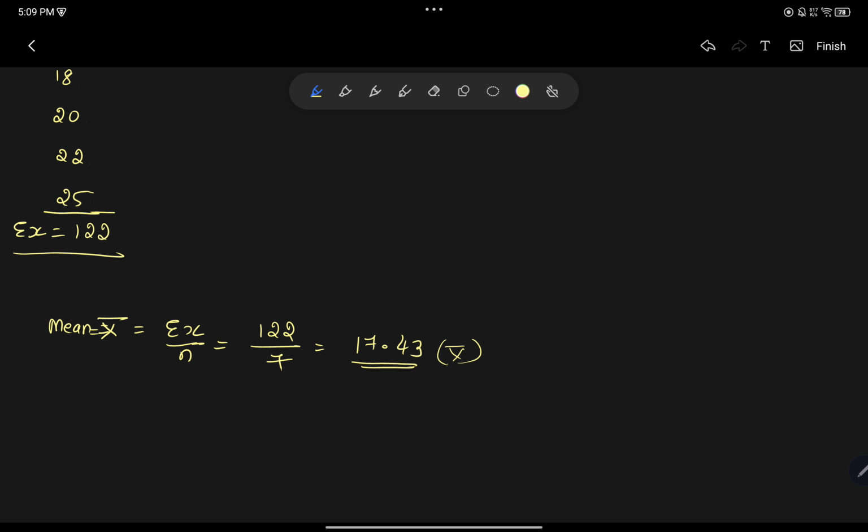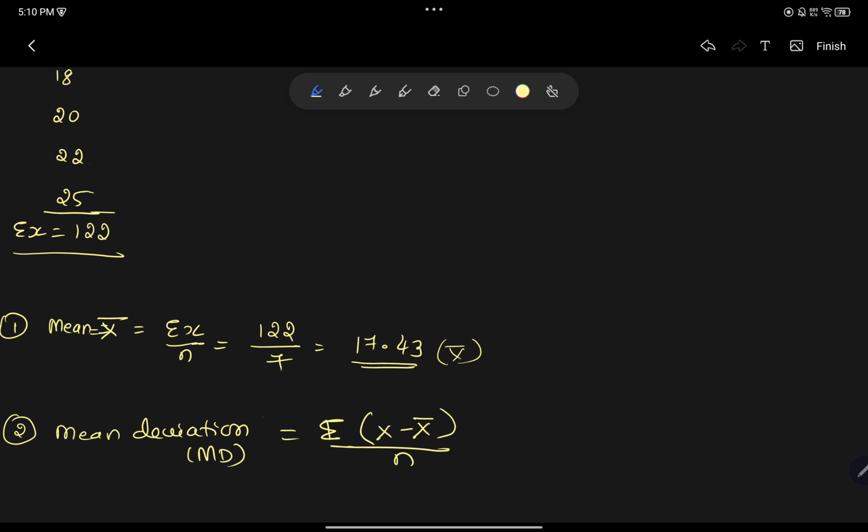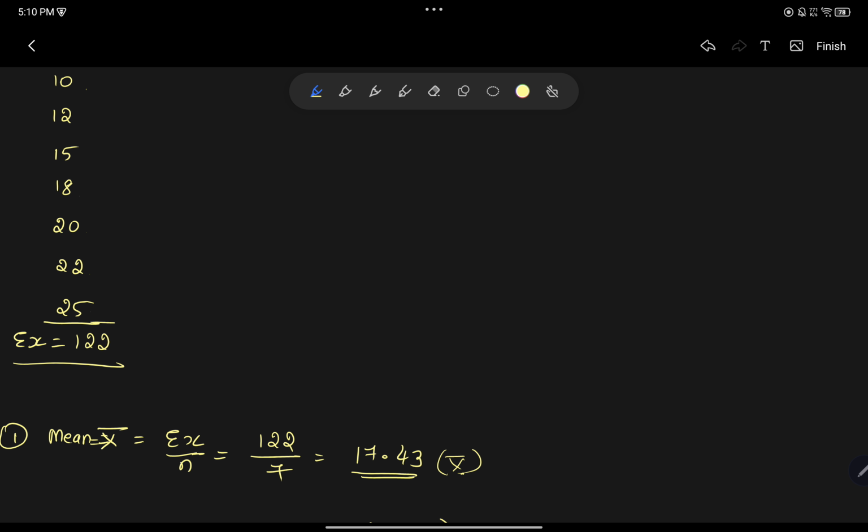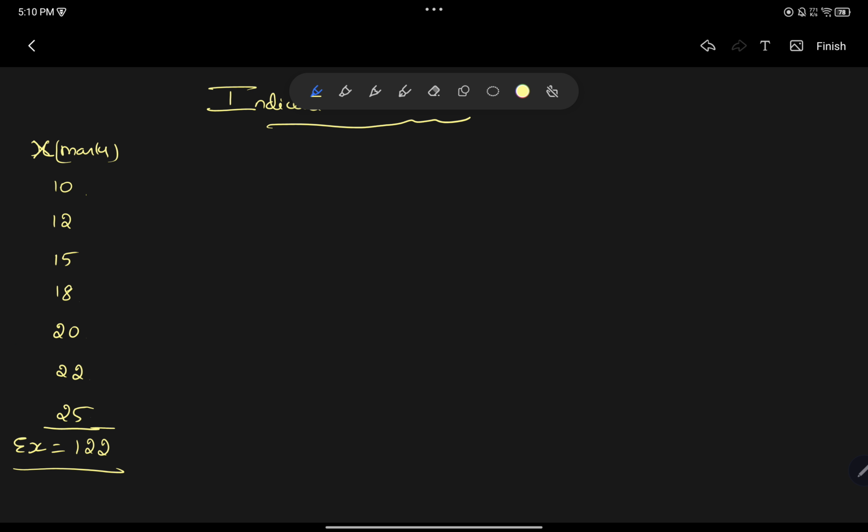First we calculated the mean, now the second one is mean deviation. Mean deviation, denoted MD, is equal to summation of modulus x minus x bar divided by n. N you know is 7. But what is x minus x bar? Here you need to put one more column, x minus x bar.